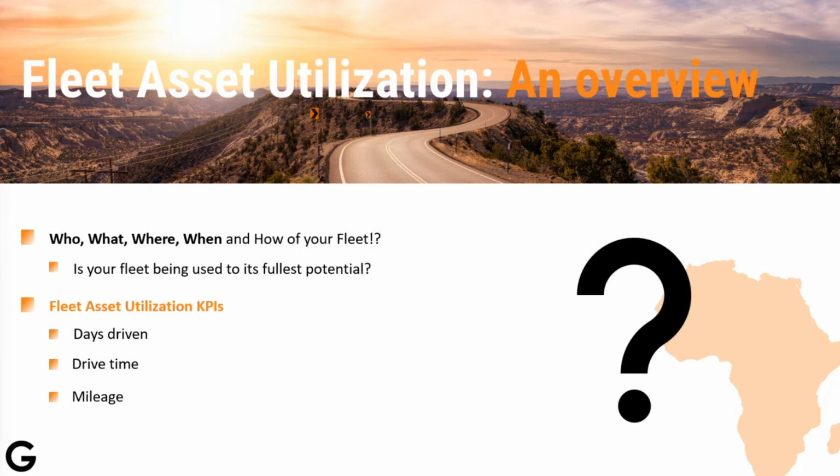So when you think of fleet asset utilization monitoring, the key performance indicators here will be, for example, the number of days your vehicles are being driven, how much time is spent driving, which is also a good indicator for productivity, and lastly, the mileage on your assets. And all of this ties back to total cost of ownership. What is the cost of owning your vehicles at the end of the day?